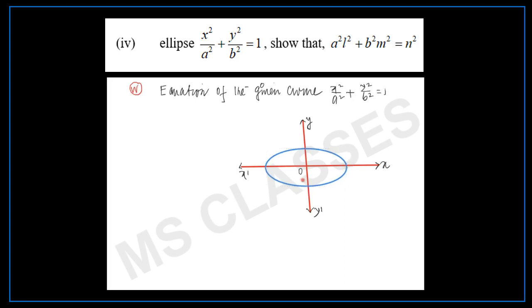Now this is the ellipse. Here we have the vertices as (a, 0) and (0, b).